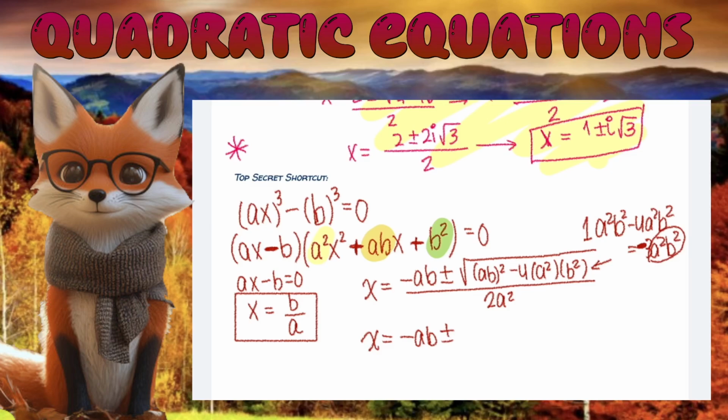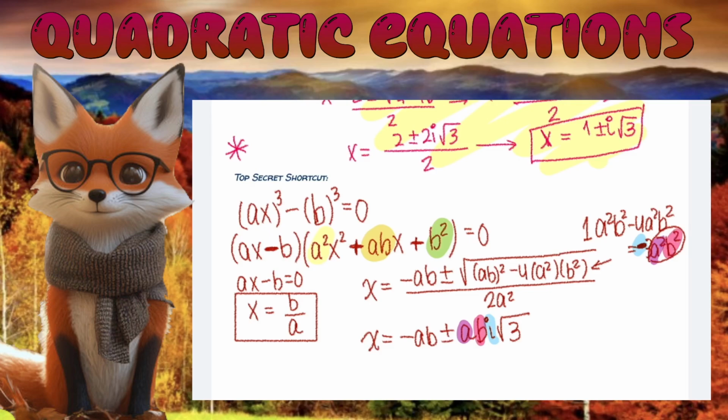So how does the square root of a squared come out? It's a. How does the square root of b squared come out? As b. How does the negative come out? As i. And then the 3 stays inside, right? Just to reiterate, that negative became i. A squared became the a, and the b squared became the b.